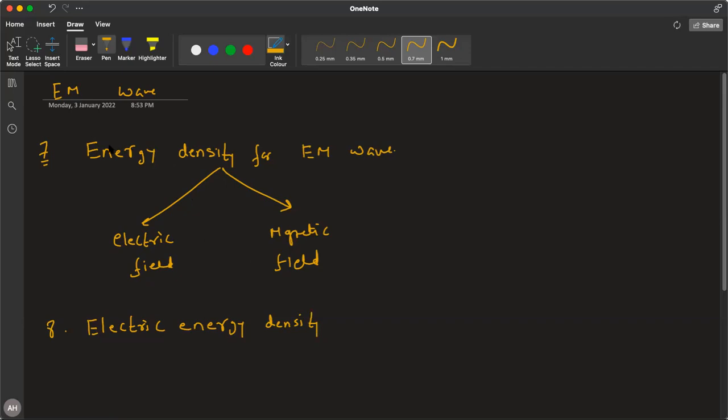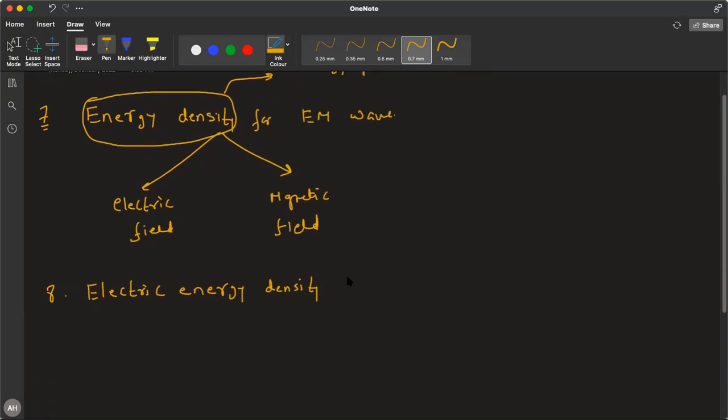Okay, what is energy density first of all? Do you remember what we mean by energy density? It is energy per unit volume.